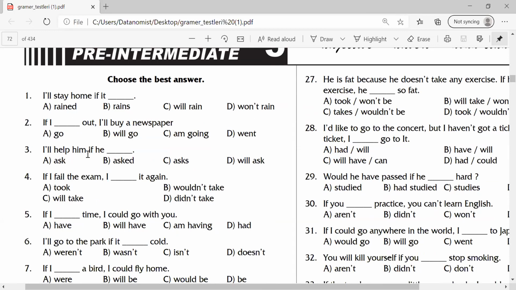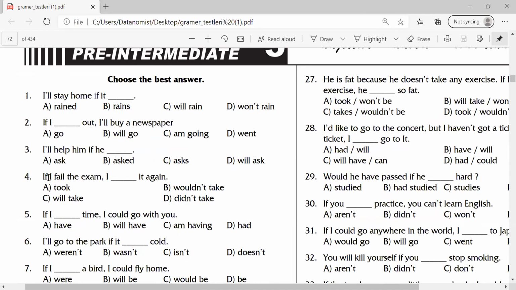I will help him if he. Slowly you'll get into that rhythm. If is there, will help is there, future, so I will go for present form: if he asks. Yeah. Next. If I fail the exam, I dash it again.